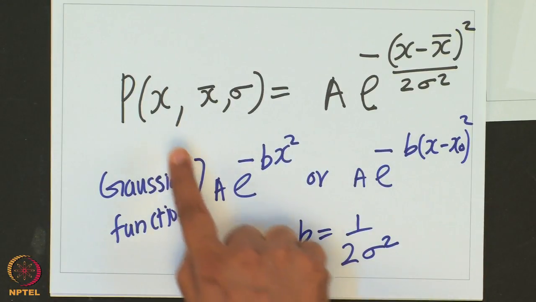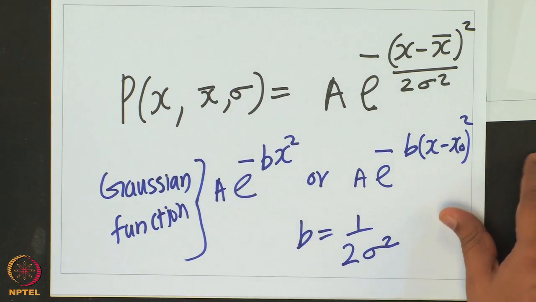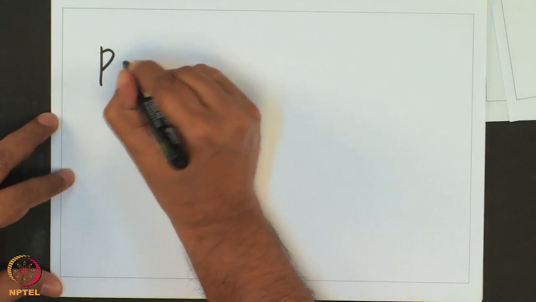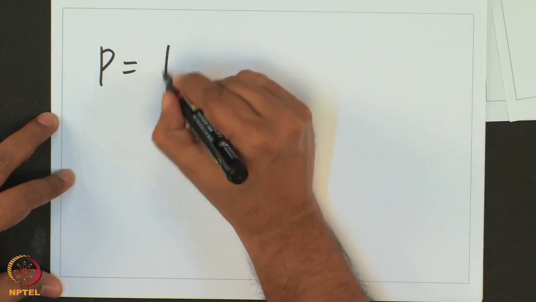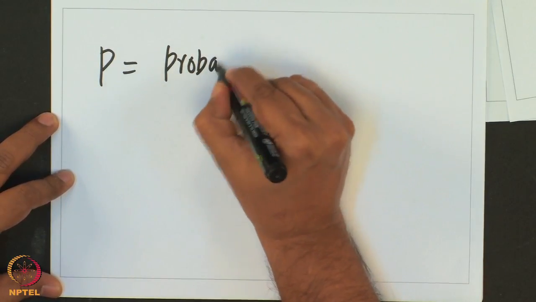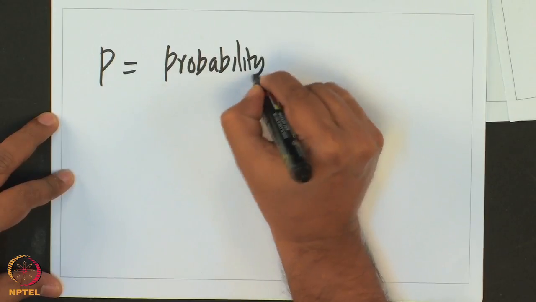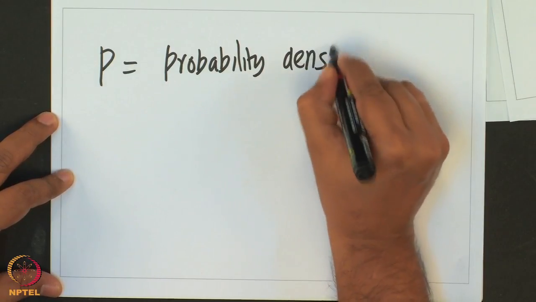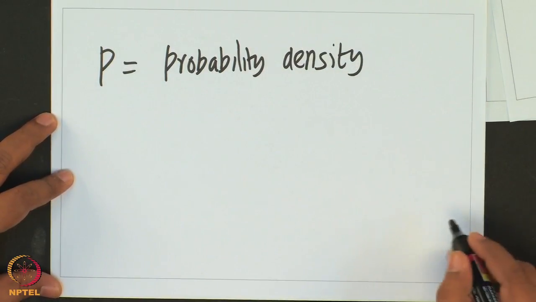Now, let us make a statement for p. What precisely does the p mean? The p is nothing but probability density. Why do we call it probability density?